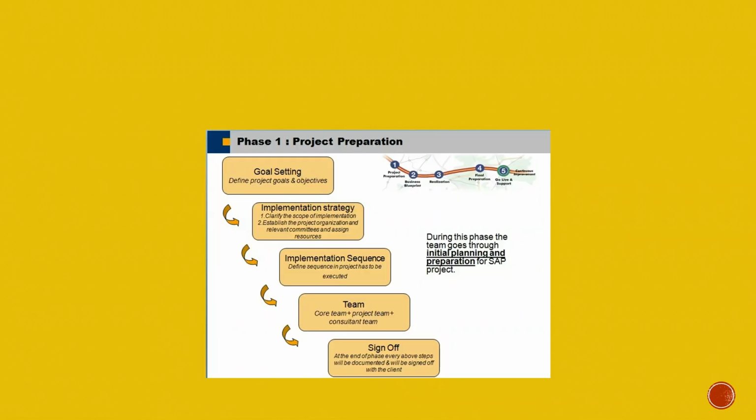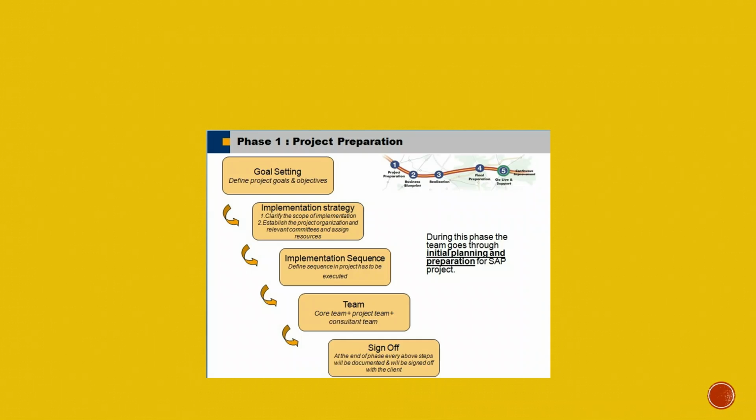In project preparation, listed are a few activities which the client and the implementation partner teams would be handling. They would be talking about goal settings, where the objectives and the scope of the project would be discussed.